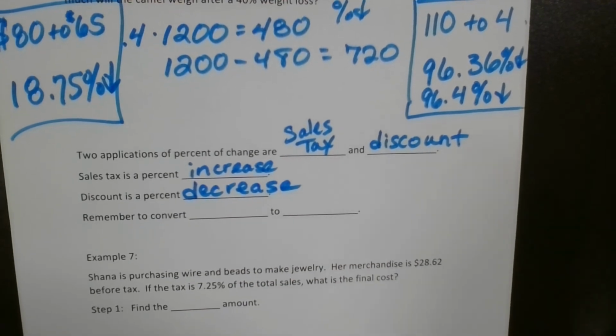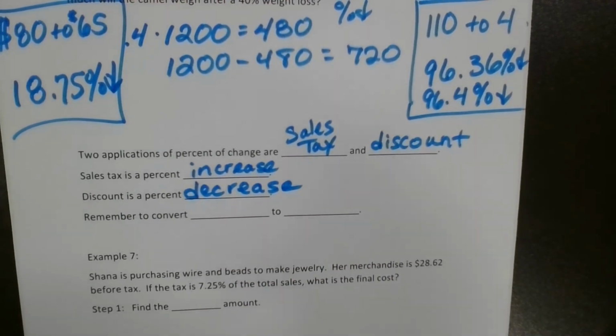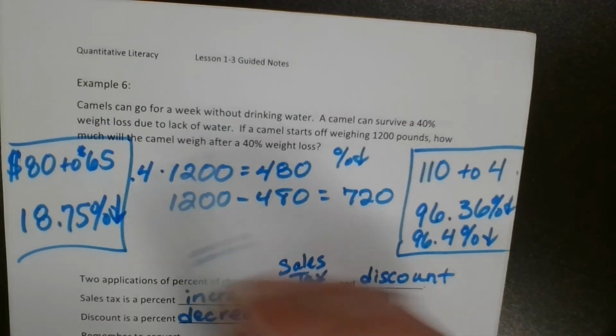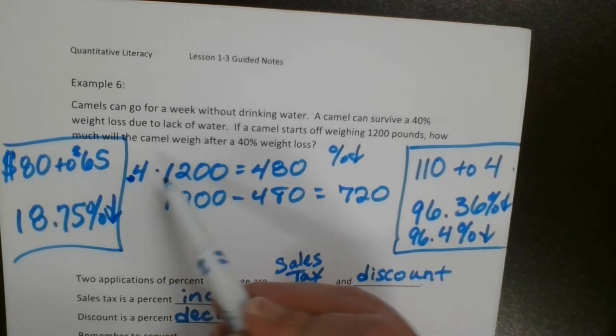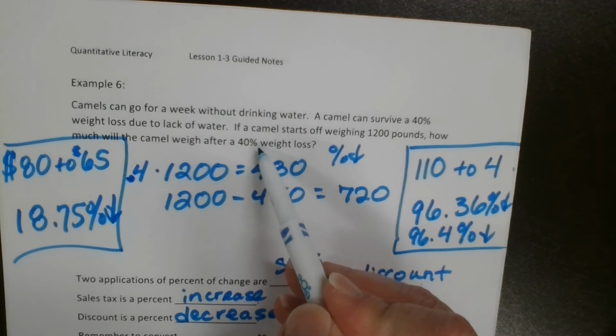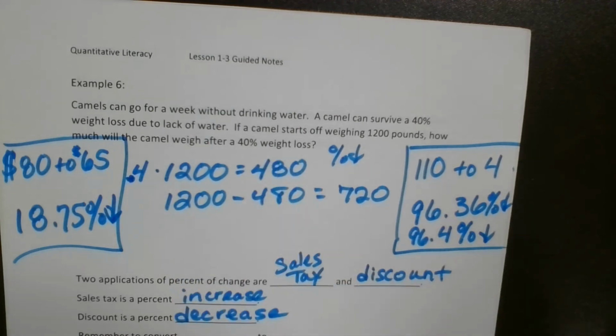And remember that when you're given a percentage, like in this problem here, I took that 40% and converted it to a decimal. Now that was in a previous lesson.